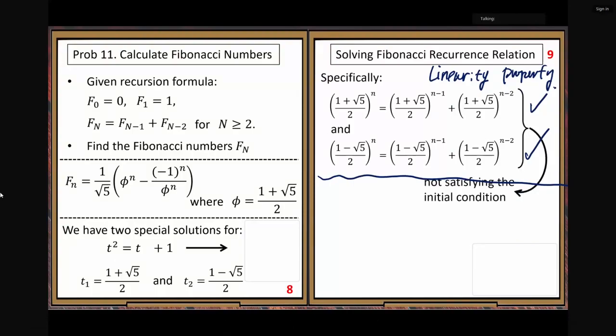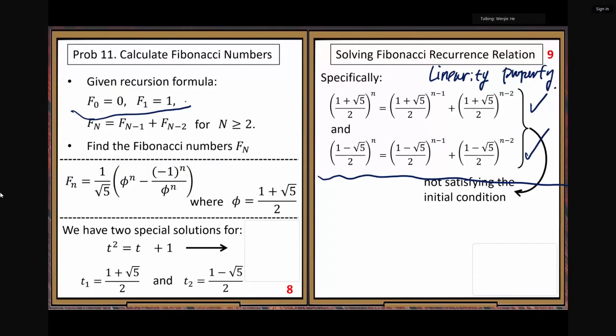Some of you may check the initial condition, because these two solutions do not satisfy the initial condition. They're not integers, right? But don't worry, that's the reason we want to find new solutions.